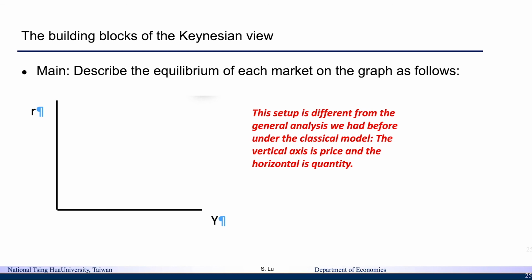Finally, the asset market equilibrium is a curve sloping upward, because when the asset market is in equilibrium, there exists a positive relationship between the real interest rate and the output. This concludes our discussion of the building blocks of the Keynesian type of analysis, and this is the end of today's lecture.